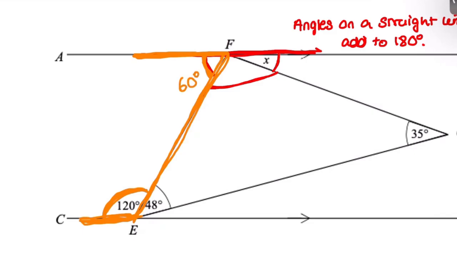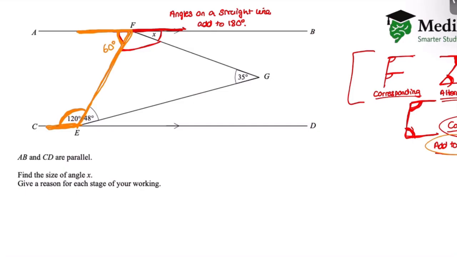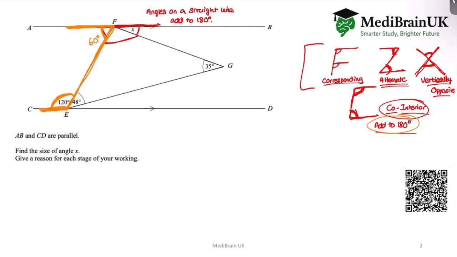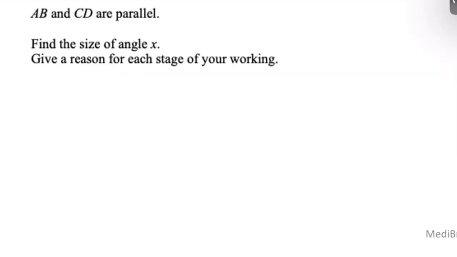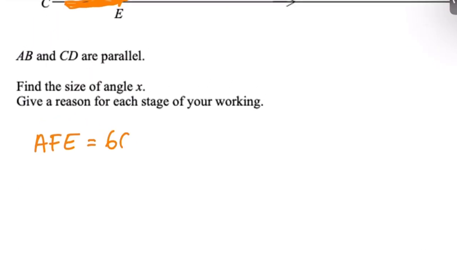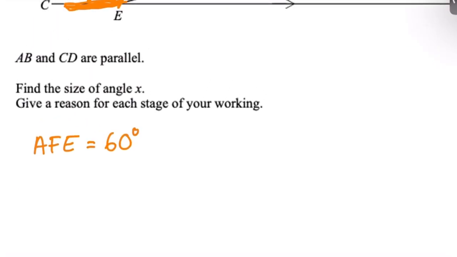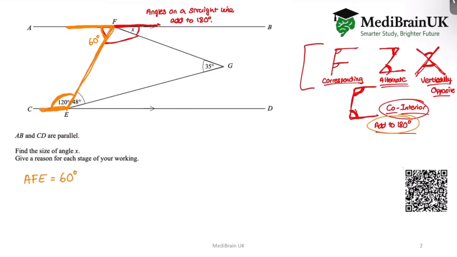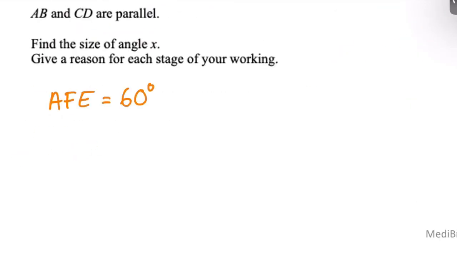The reason it's 60 degrees is because co-interior angles add up to 180 degrees. So angle AFE is equal to 60 degrees, and the reason is that angles which are co-interior add up to 180 degrees. You need to give your reasoning as well.